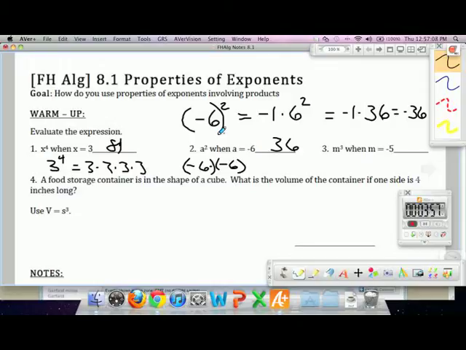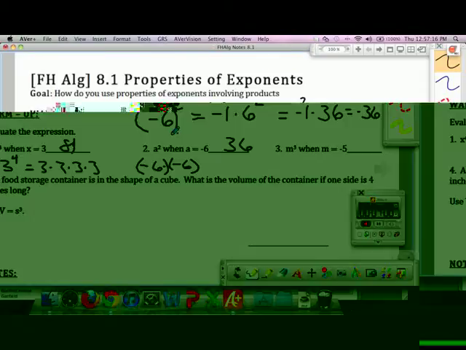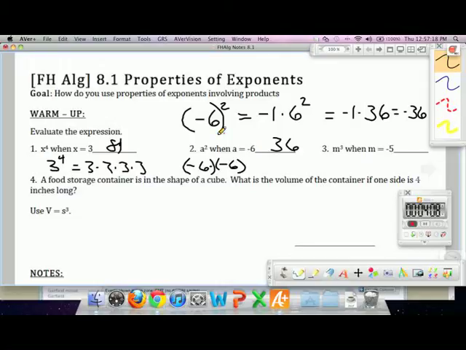Now what does the calculator think to do? Something squared. Whatever is being squared, now the negative and the 6, the calculator thinks, okay, take whatever is inside these parentheses and multiply it by itself.